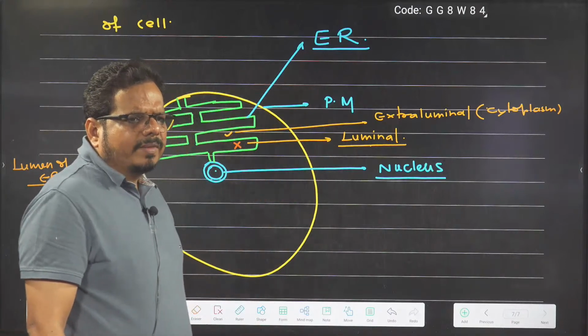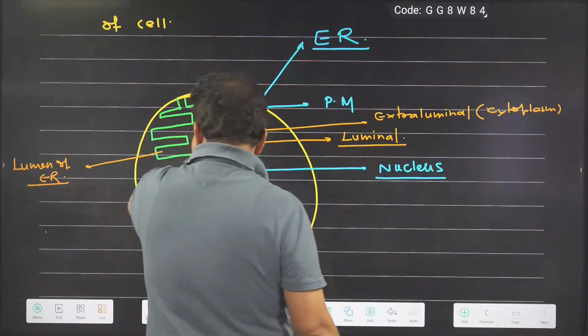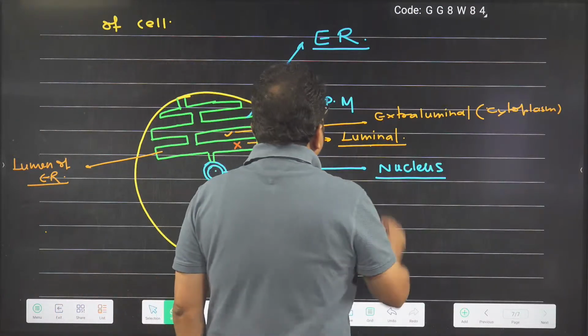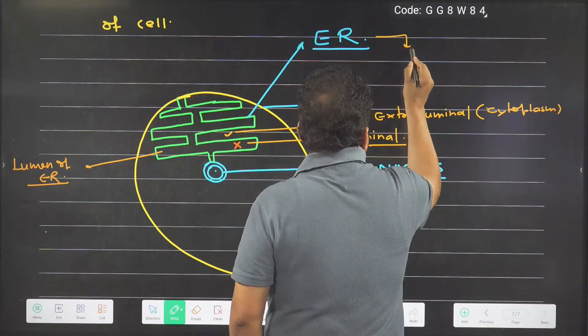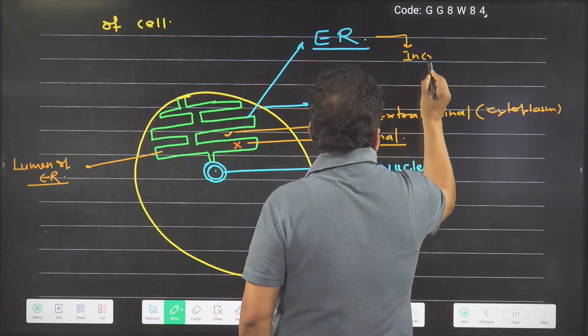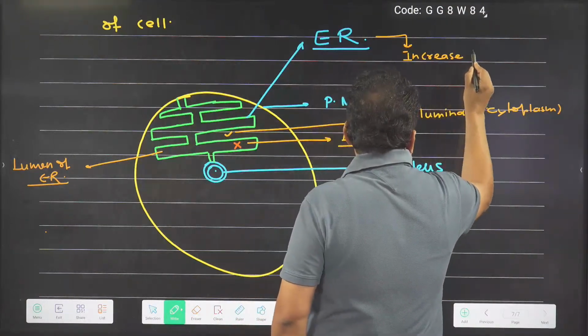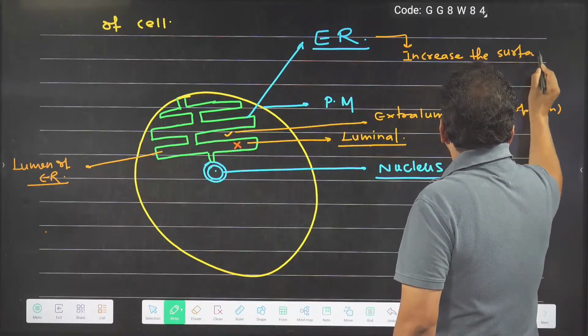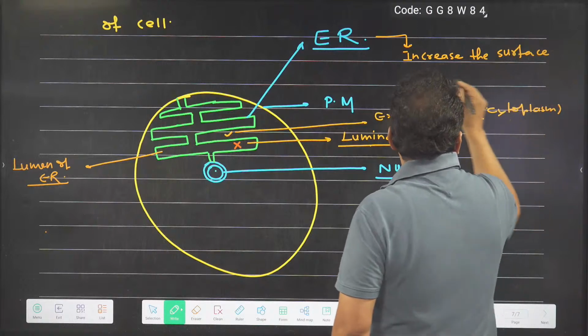Understanding the idea? So what benefit occurs with this particular arrangement? Can I say the ER increases the surface area of cytoplasm? Because I told earlier, any enfolding increases surface area.